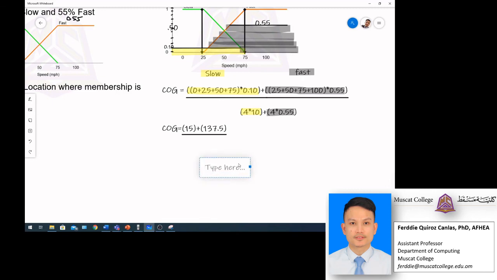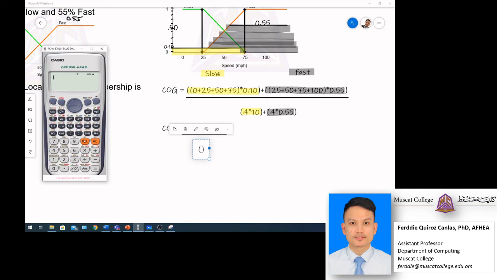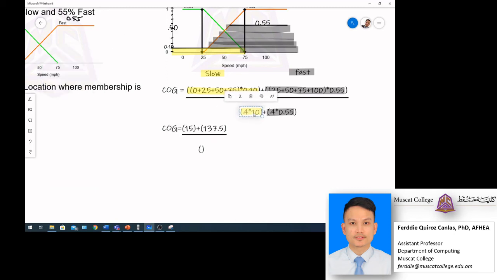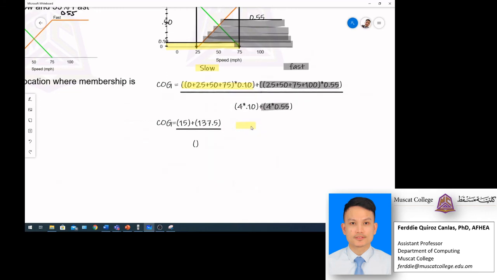So this at the bottom we can calculate straight by doing this: 4 times 0.10. Okay, I'm sorry, this is 0.10. Sorry for that.